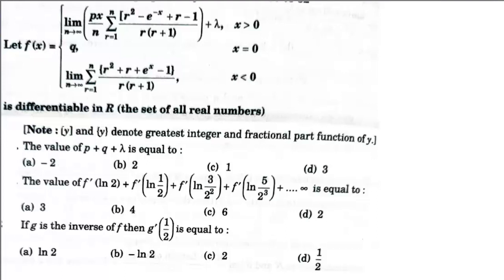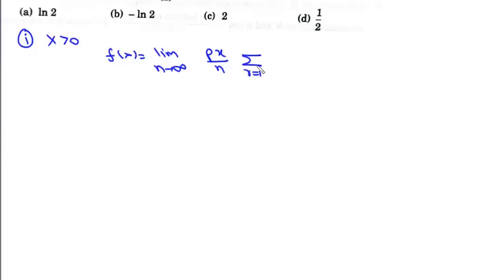Now when x is greater than 0, f(x) is defined as, in this first case, f(x) is equal to this limit n tends to infinity of px by n, and then this summation where r varies from 1 to n, of the greatest integer function of r square plus r minus e to the power minus x minus 1 upon r plus 1, plus lambda.